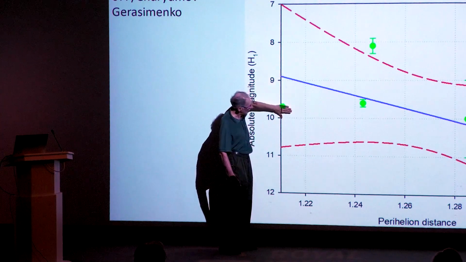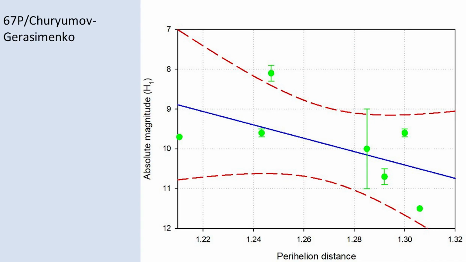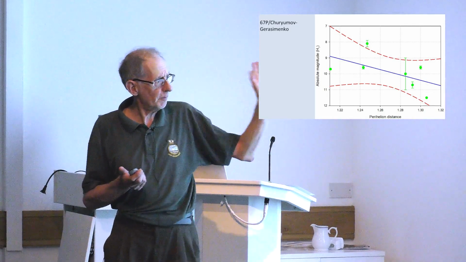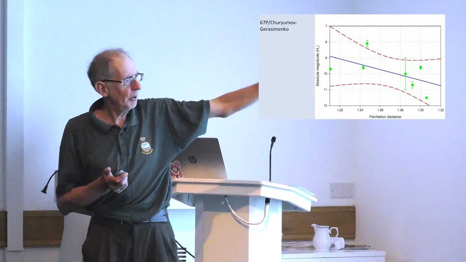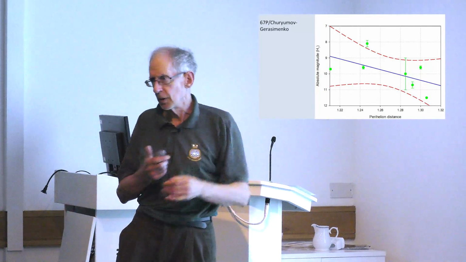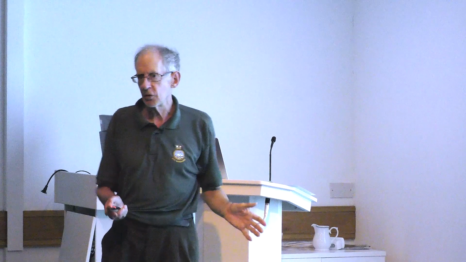Unfortunately, it turned out the observations put it down there. And so a link with changing perihelion distance, at least for this comet, remains an open question. The best fit graph, the line does suggest that, but equally the null hypothesis is still a tenable one. And I think for simplicity, we should assume that there's no change at the moment.